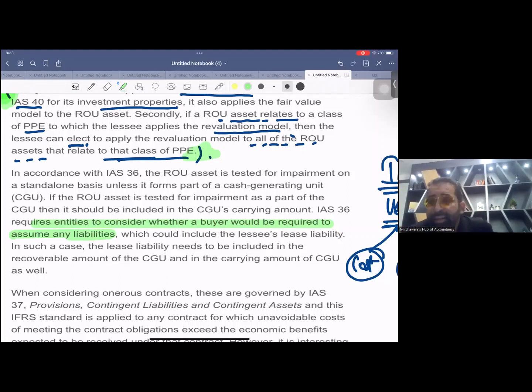If the fair value includes the liability impact as well, then in the carrying value, you also have to include the lease liability, so that the comparison would be like with like. It's not difficult. Read it.